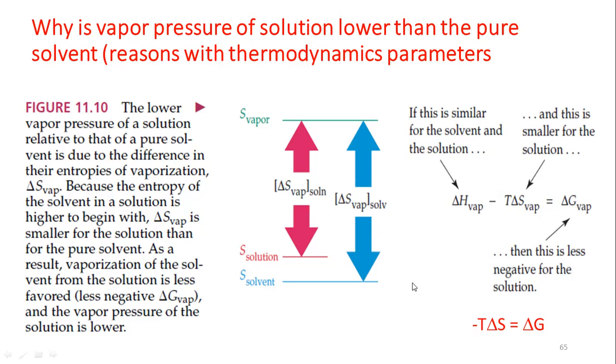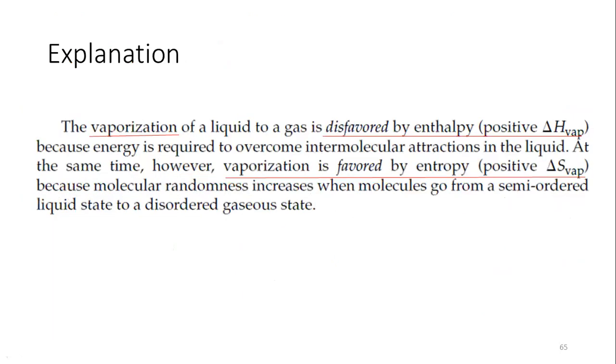And I have explained in the first lecture, if delta G is less negative, that means it is less spontaneous. So this is not going to easily evaporate, and the vapor pressure of the solution would be less. I have just explained the previous slide. Vaporization of the liquid to a gas is disfavored by the enthalpy, because when the enthalpy is positive, energy is required to overcome the intermolecular forces in the liquid.